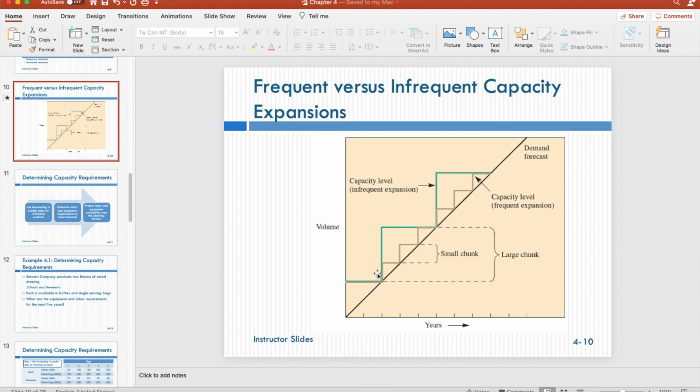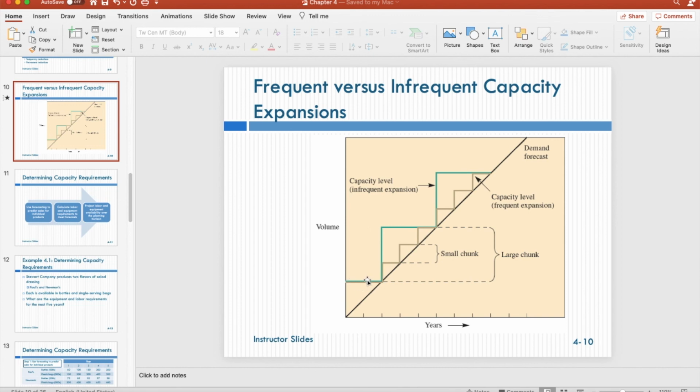So each time, the effort that you need to put into the expansion procedure will be smaller. That's actually good, right? But you see that within this big triangle there are three triangles. So each time you try to expand your capacity, you need some setup costs. So the setup cost will be higher when you frequently increase your capacity.